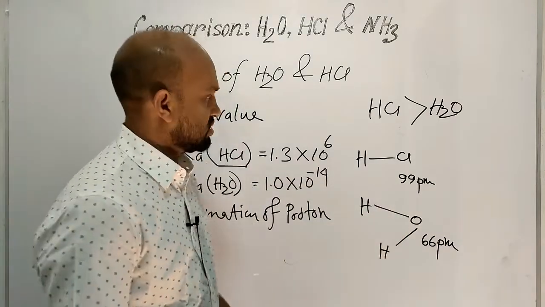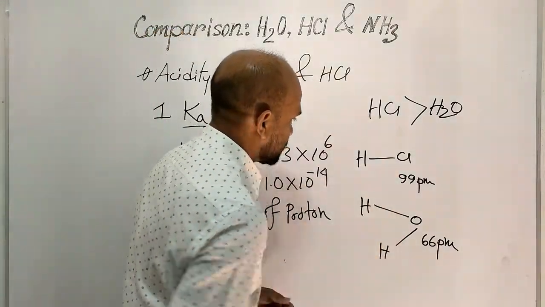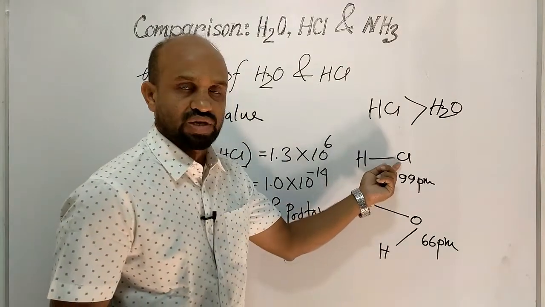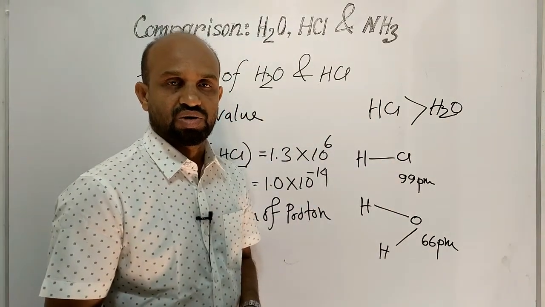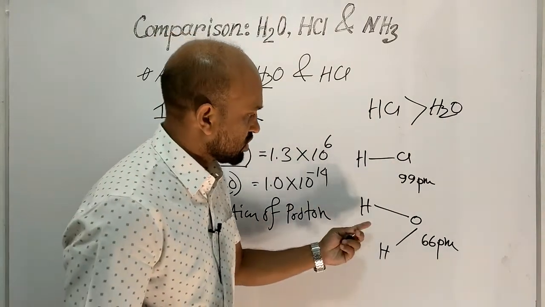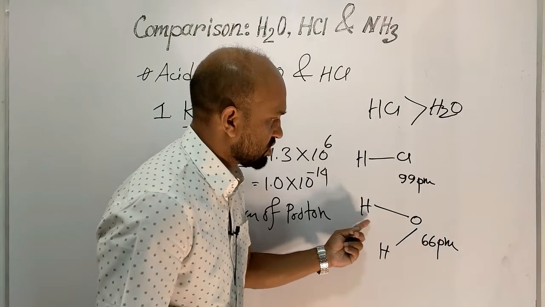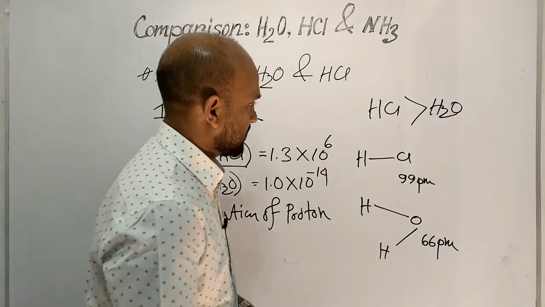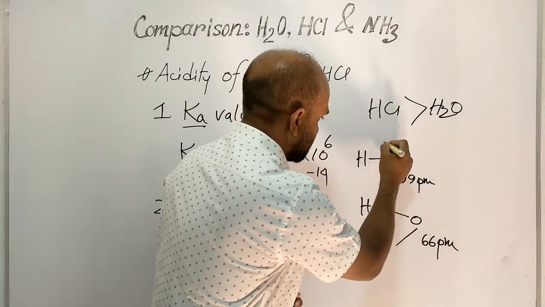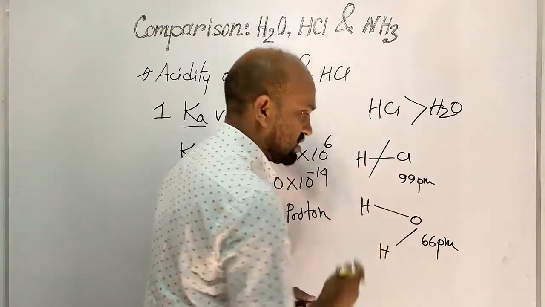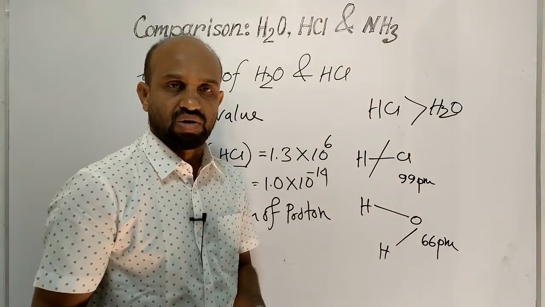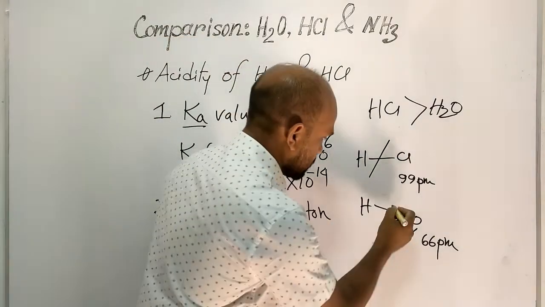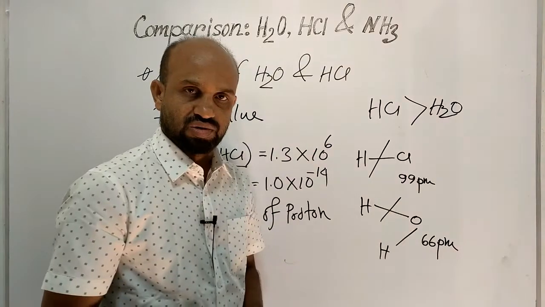As a result, the bond between hydrogen and chlorine becomes longer compared to the bond between hydrogen and oxygen. As a result, this bond breaks easily because of the longer bond compared to the hydrogen-oxygen bond.